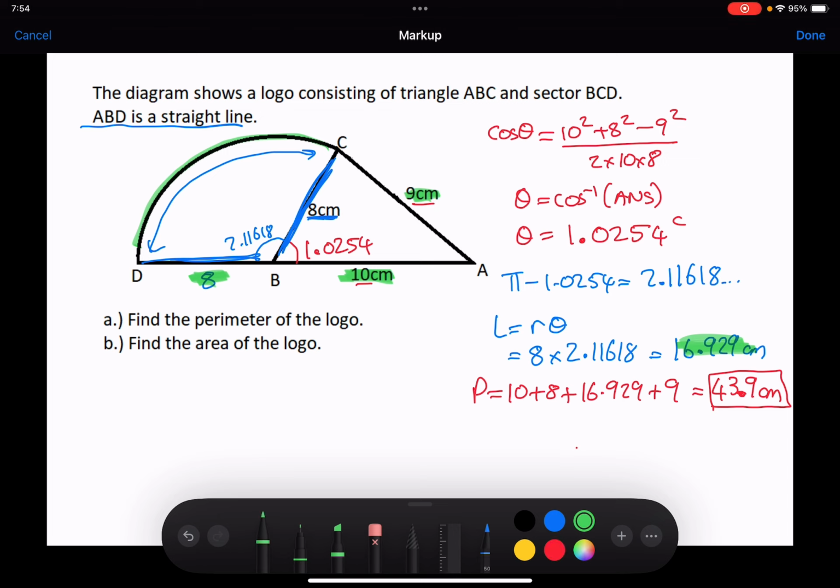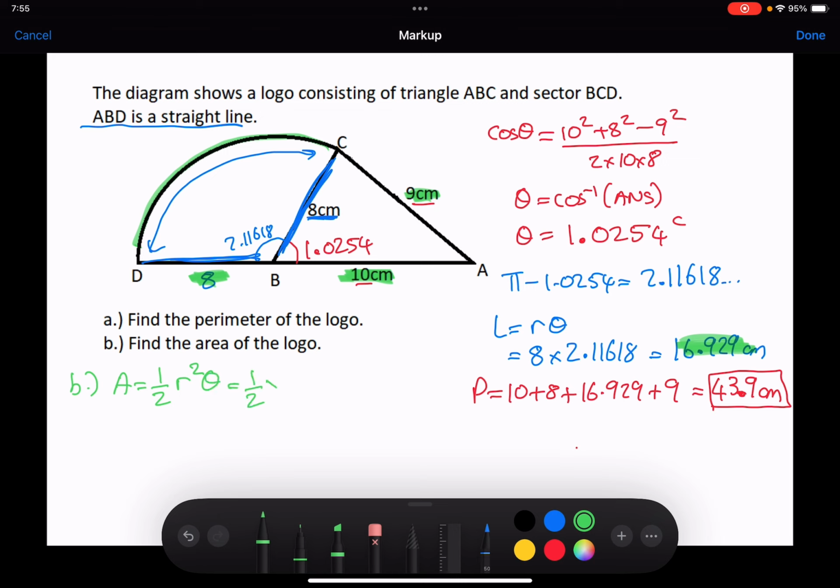For part B, we want the area of the logo. So for the area, I'm going to add the area of the triangle plus the area of the sector. The area of the sector, I can use the nice formula that we just saw, a half r squared theta.